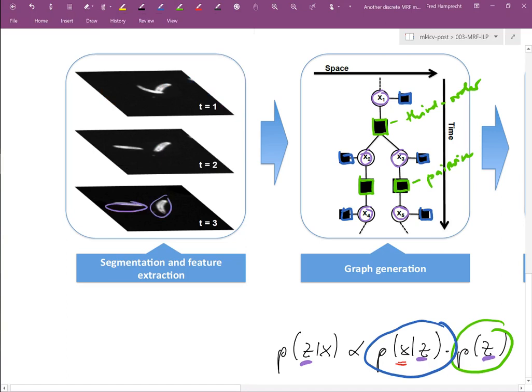So 1, okay, good. And now, because they are so close in space, we can build a graph that connects these segmentations, and we can enforce prior knowledge.